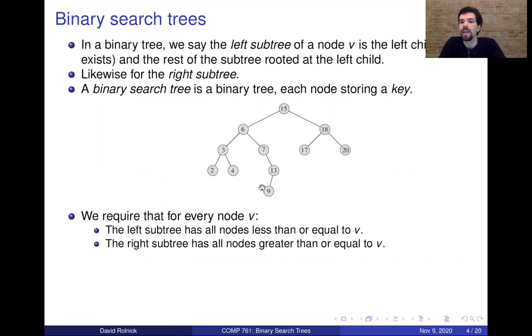All the keys here are less than 6. All the keys here are greater than or equal to 6. Likewise with 15, everything on the left subtree is less than or equal to 15, and on the right-hand subtree, everything is greater than or equal to 15. Are there any questions about this?